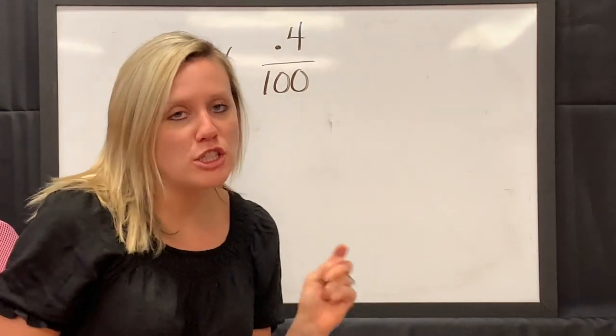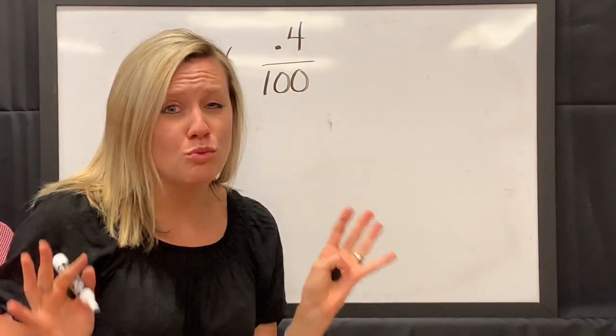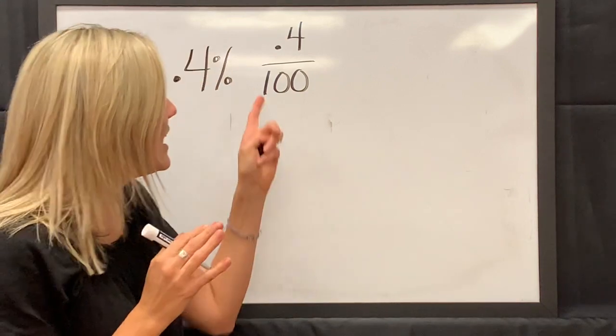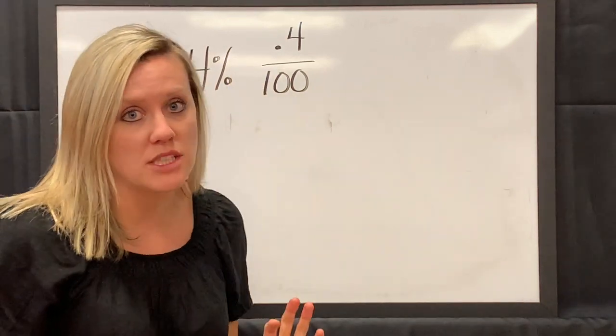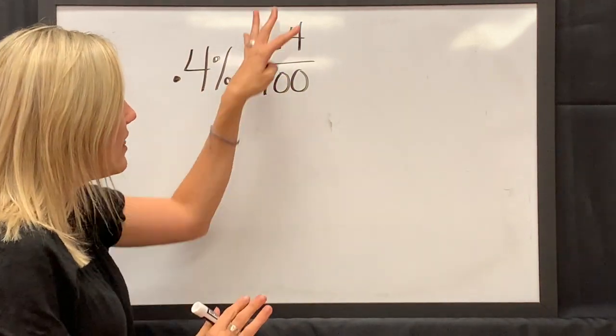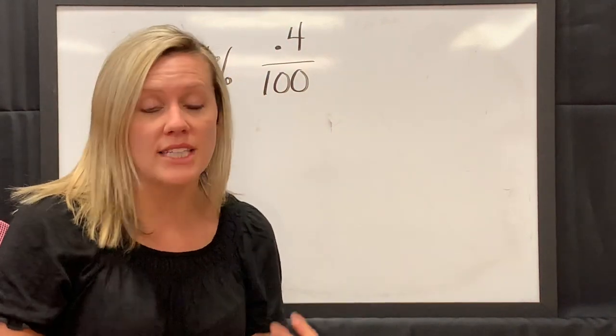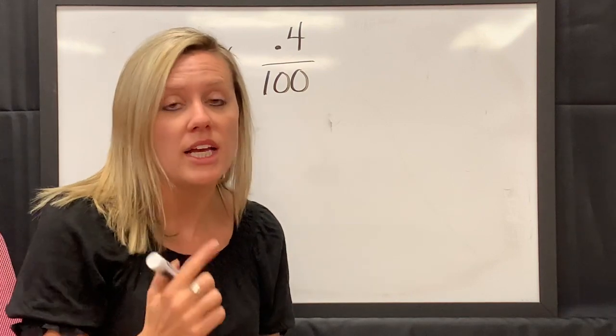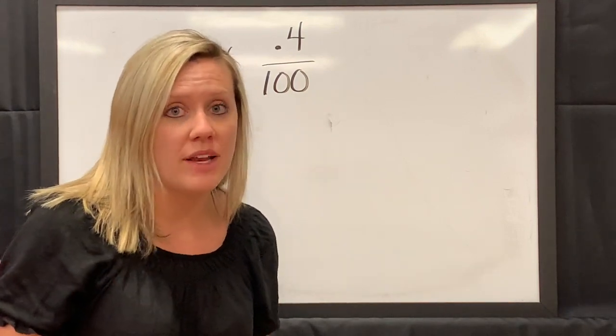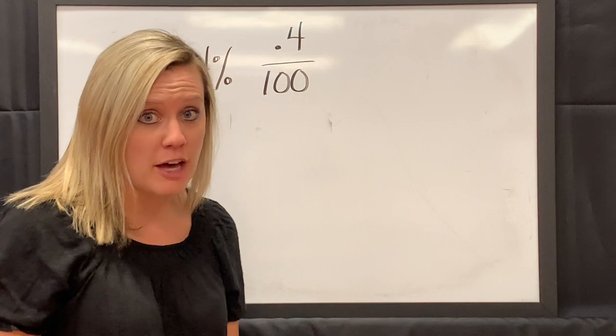Now, before I just go ahead and start reducing this, it's really not proper to write a decimal within a fraction. So I'm going to take this fraction and I'm going to multiply by 10 over 10, which is equal to 1. So if I multiply a number by 1, it's really not going to change the value of it.